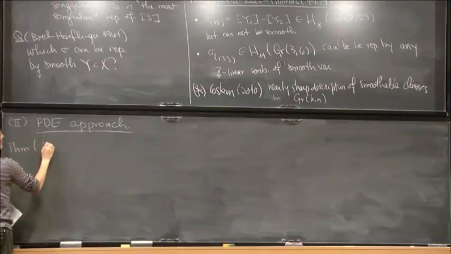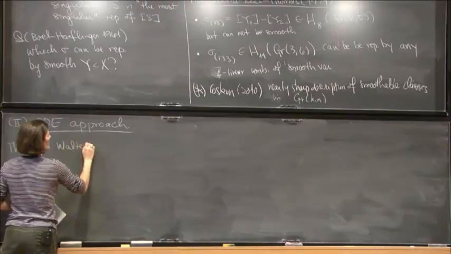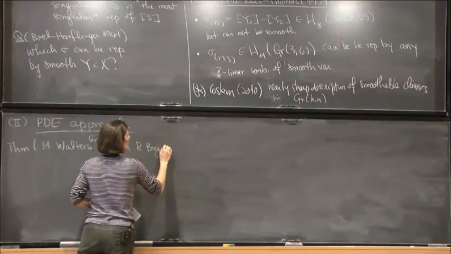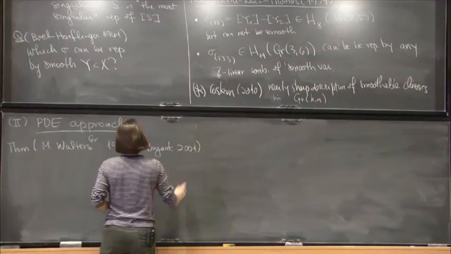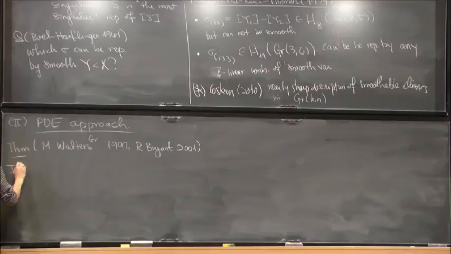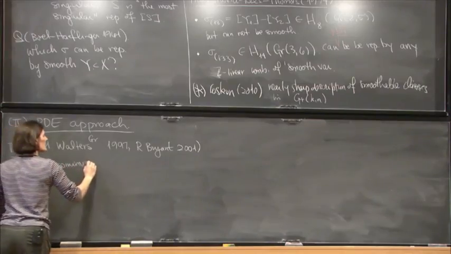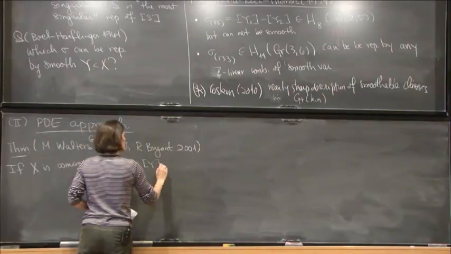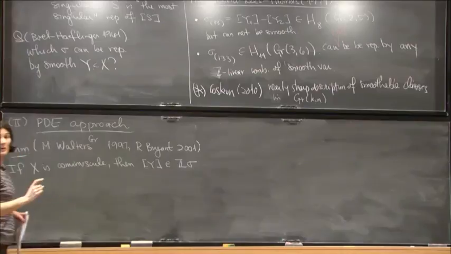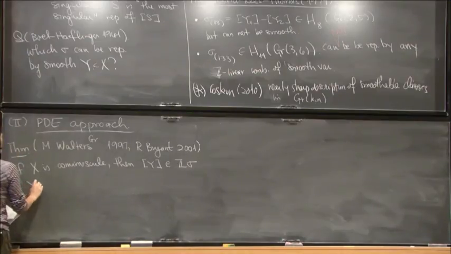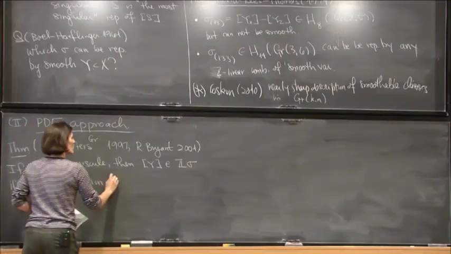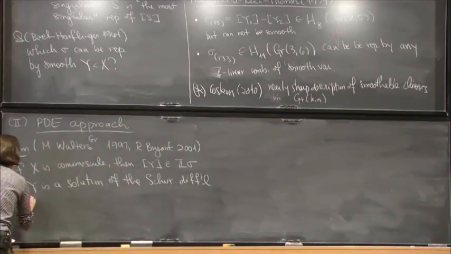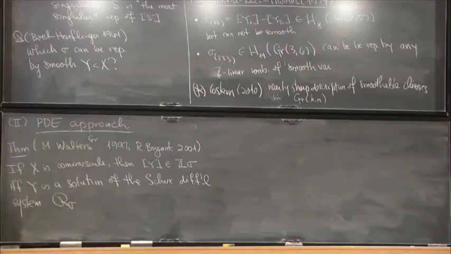There's a theorem independently proved by Maria Walters in her thesis for the Grassmannian in 1997, and by Robert Bryant for general X in 2001, which states that if X is co-minuscule, and I'll define co-minuscule in a moment, then your algebraic variety is homologous to a multiple of a Schubert variety if and only if Y is a solution of the Schur differential system. And I'll call that R sub sigma.